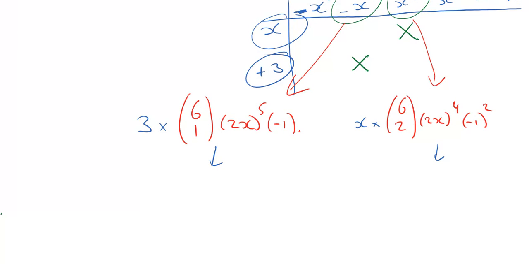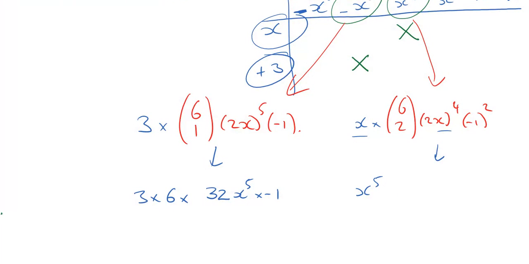So 6, 1 is 6, so we're going to have 3 times 6 times 32x to the 5 times minus 1. And if we do the other one, we're going to have, again, x to the 5 with the x and the x to the 4.